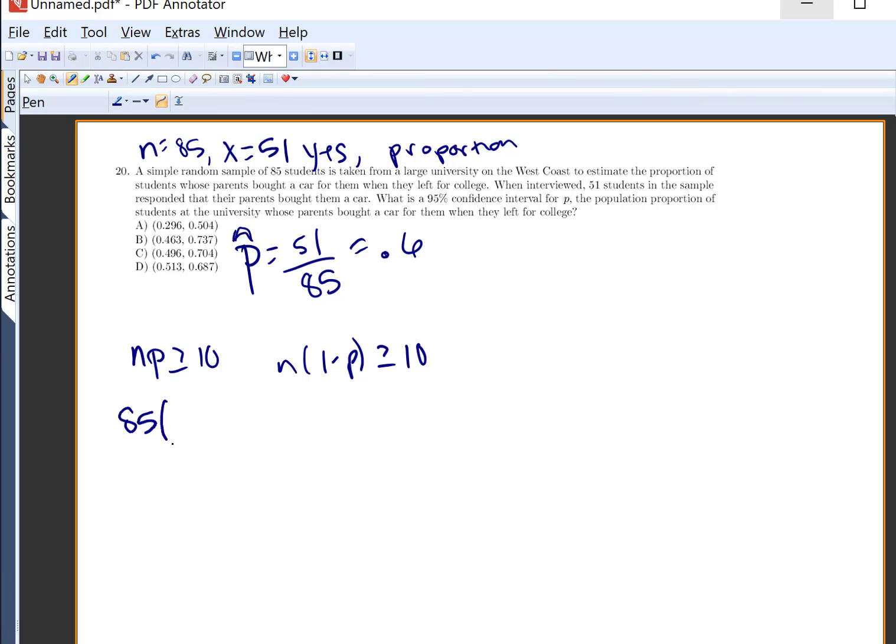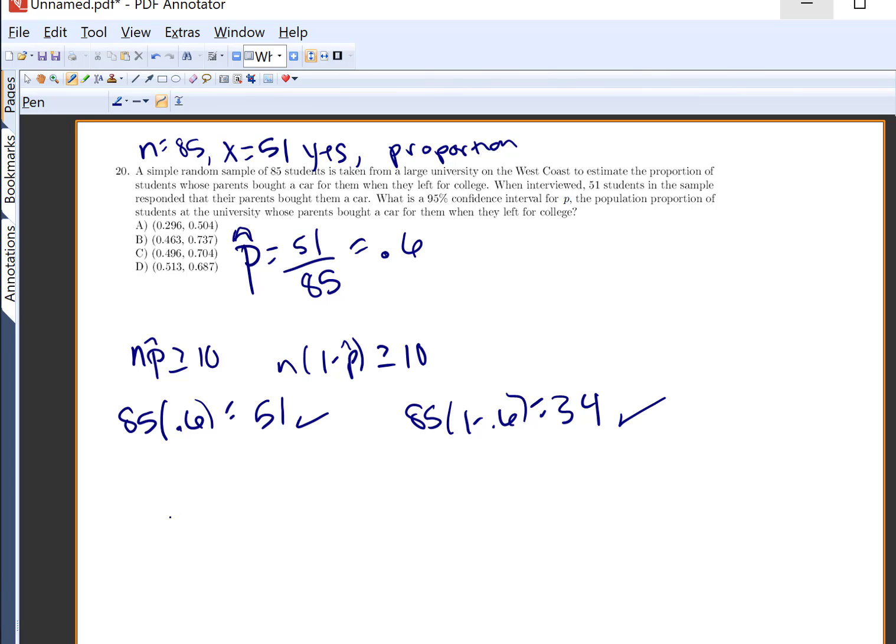So 85 times 0.6 gives me 51, and 85 times 1 minus 0.6 gives me 34. Notice these are the same numbers we got when we checked the number of successes and failures, because n times p hat is the number of successes and n times 1 minus p hat is the number of failures. So these are at least 10, so we can use them.